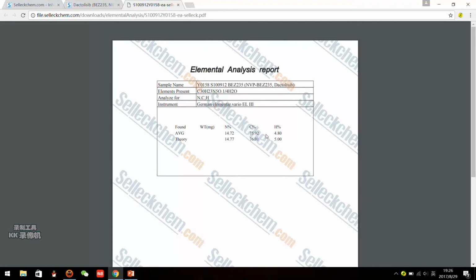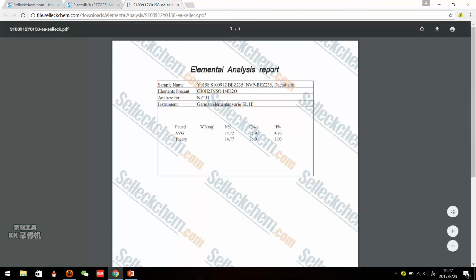For example, if the compound mixes with ceramic powder, the HPLC report will still show its purity is 98%.